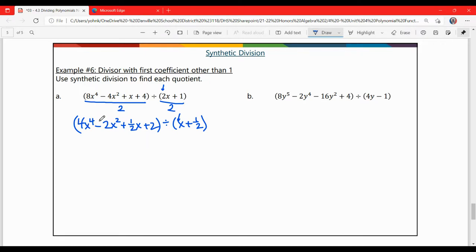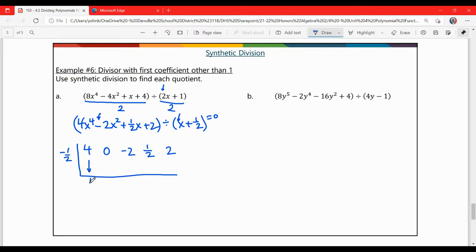Notice also there's no cubic term, so I need to add a placeholder for the cubic term. So I'm going to put a 4, a 0, a -2, a 1/2, and a 2. Then when I synthetically divide, I'm going to pretend like this x plus a half equals 0. And so I have -1/2 on the outside.